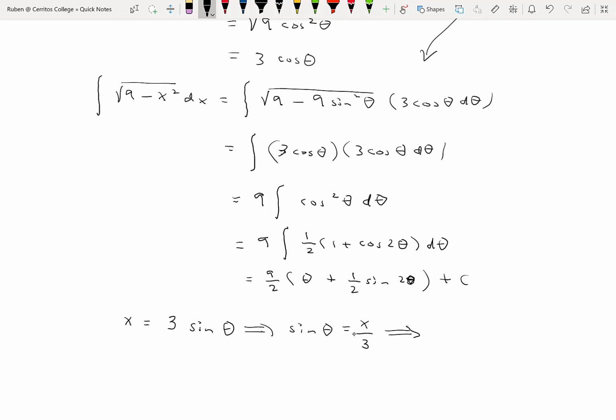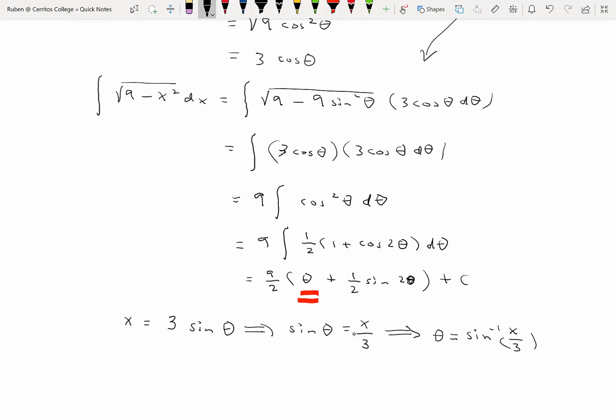We're choosing theta so that the inverse sine exists. If you missed that, I'll say it again. My antiderivative above needs theta. That means I'm going to need to solve for theta. That means I'm going to need the inverse sine function. That means that I'm going to have to restrict theta to be between minus pi over 2 and pi over 2. If theta is between minus pi over 2 and pi over 2, then the inverse sine exists and I can solve for theta.